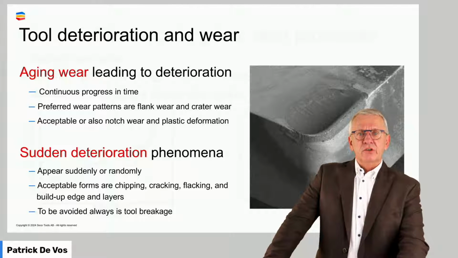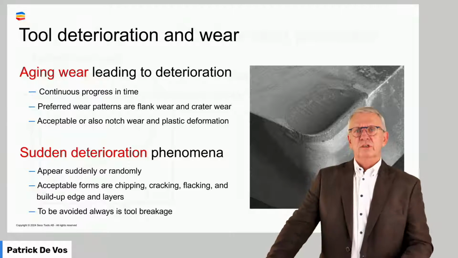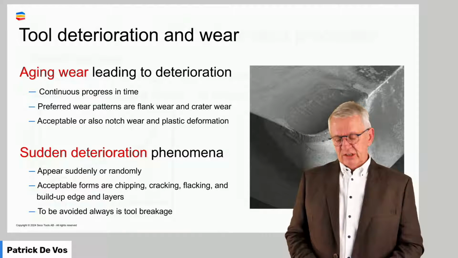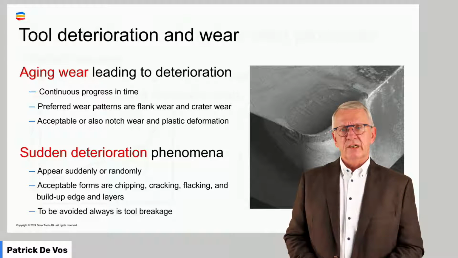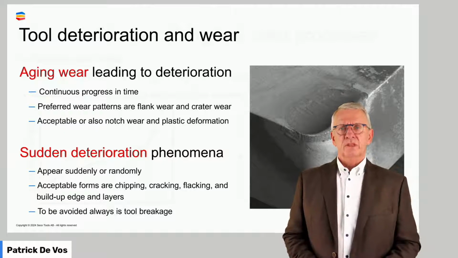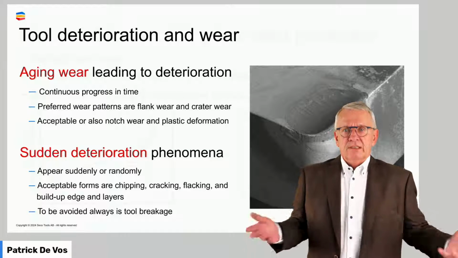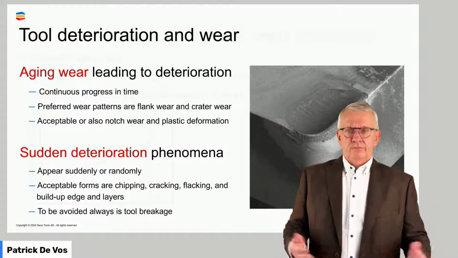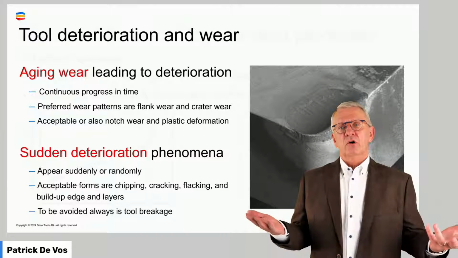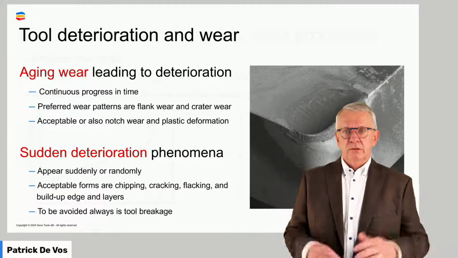And then you have certain deterioration phenomena also leading to the cutting edge losing the ability to cut. Let me say it like this, if I try to make it understandable for you: when people get older, their bones and muscles are wearing out. That's aging wear. And when you are 65, you can't do anymore what you could do when you were 25. That's age.